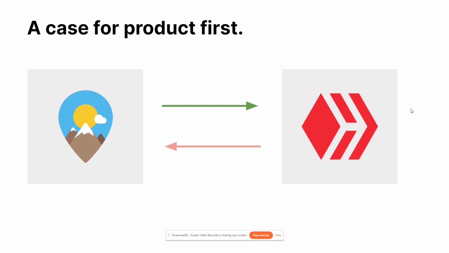So I wanted to explain why I am going through all of this hassle to create basically a centralized app instead of just putting everything on Hive, right? It's basically a case for product first. I think a lot of you will probably have experienced struggle onboarding new people to Hive, right?